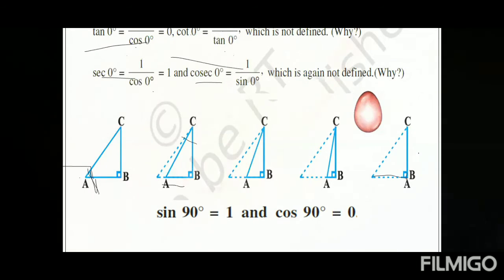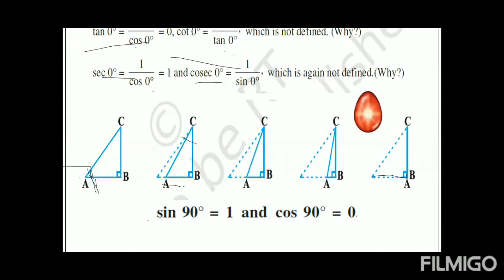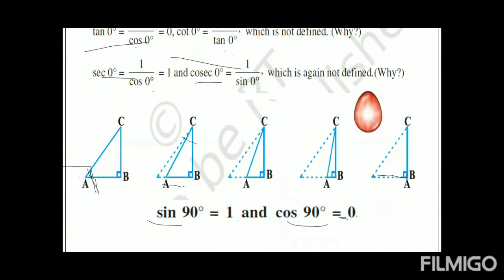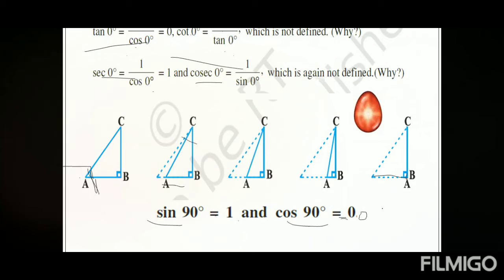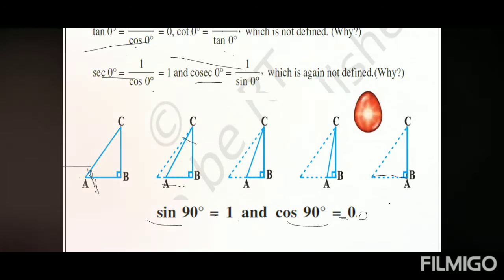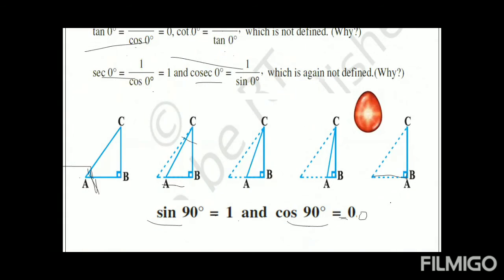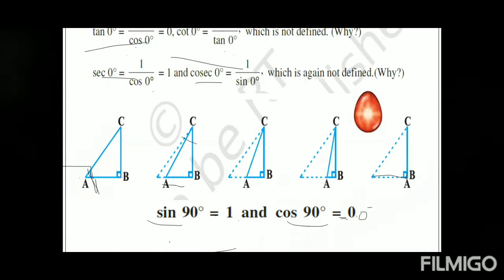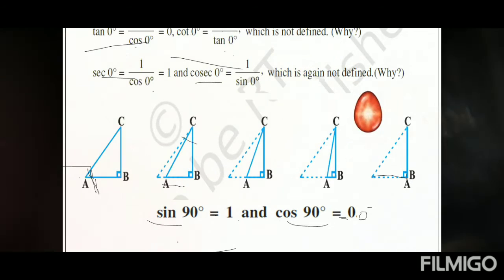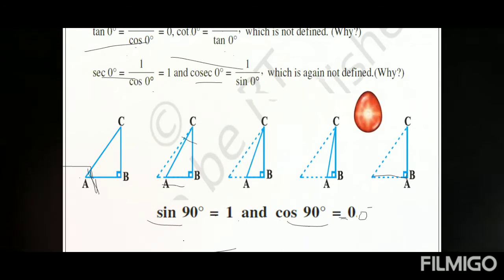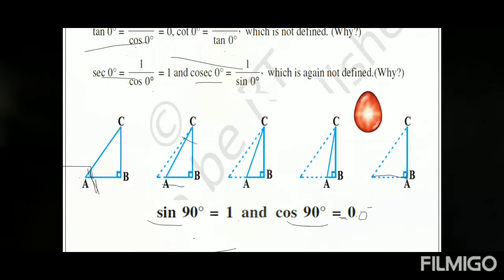So from this, we could see that sine 90 equals 1 and cos 90 equals 0. By using this, you need to find tan, cot, cosecant, secant. These four you should find from these answers by substituting tan equals sine by cos, cot equals 1 by tan, cosecant equals 1 by sine, secant equals 1 by cos.